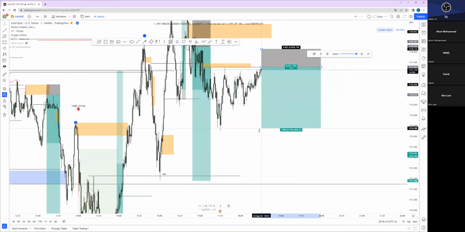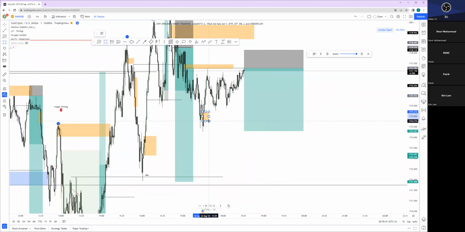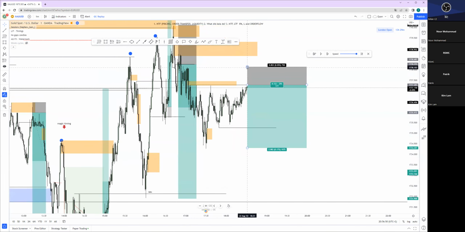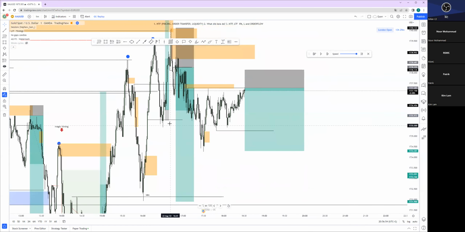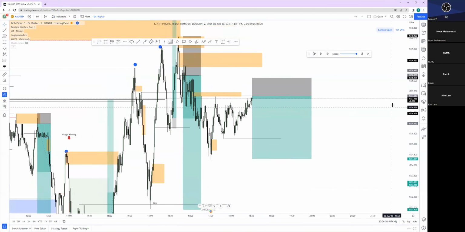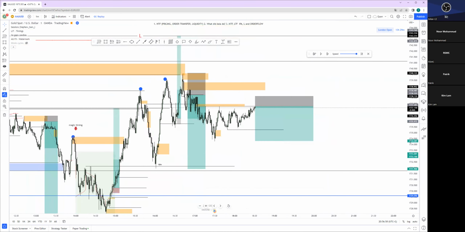You can target the lows, or even this could be inefficient price action. This and some parts of this candle. So you can target the liquidity, which would be the nearest target possible. And the partials of this would be this as well.